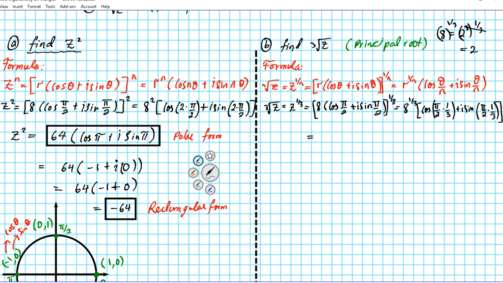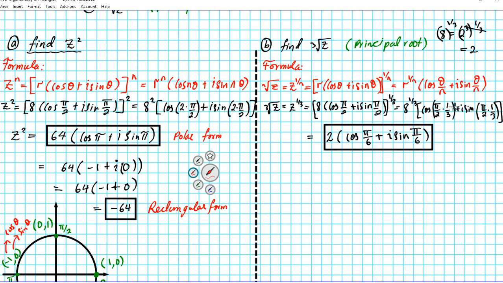So 8 to the 1/3 is 2, so we have 2 cosine of pi over 2 times 1/3, which is pi over 6, plus i sine of pi over 6. And ladies and gentlemen, this is our complex number in polar form.